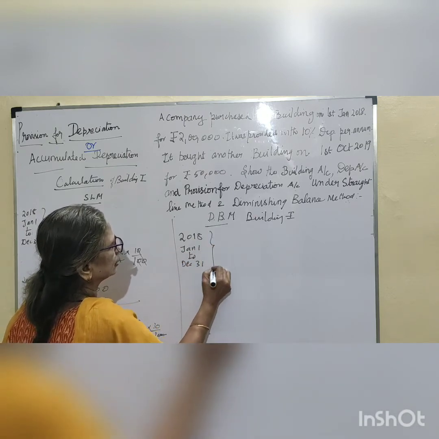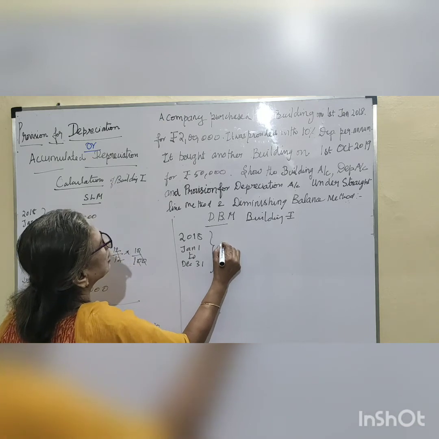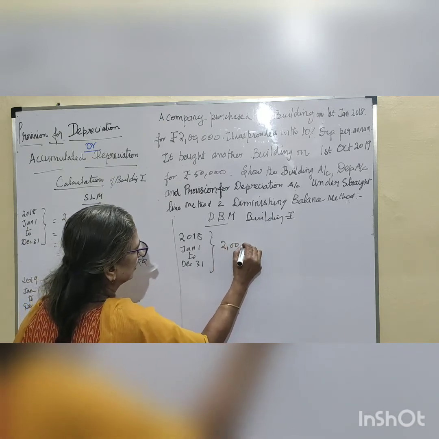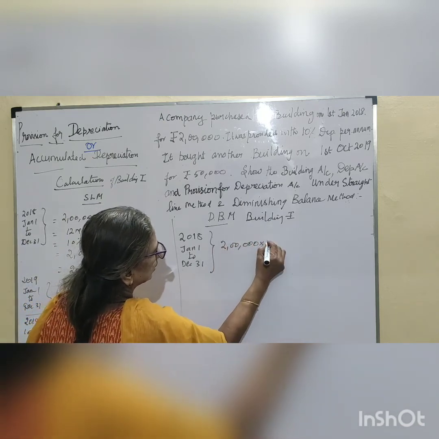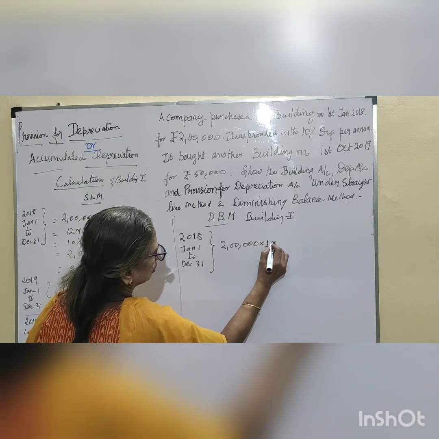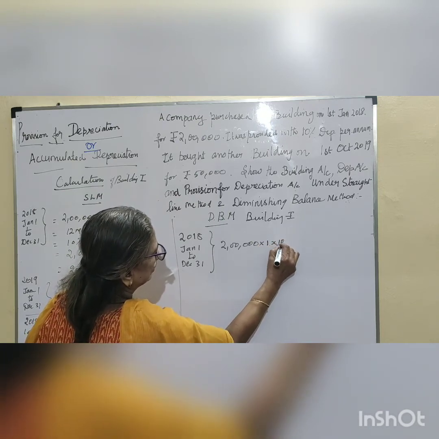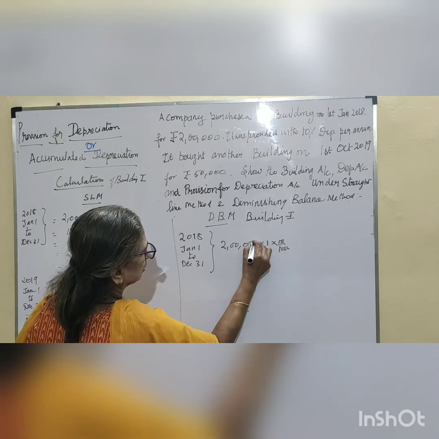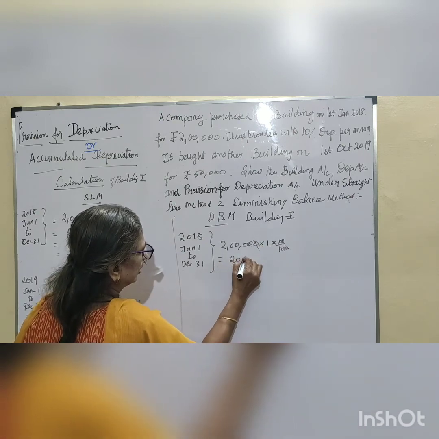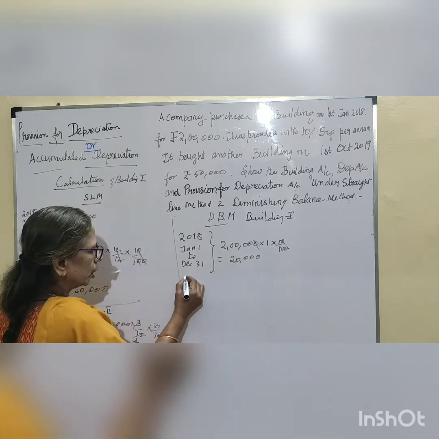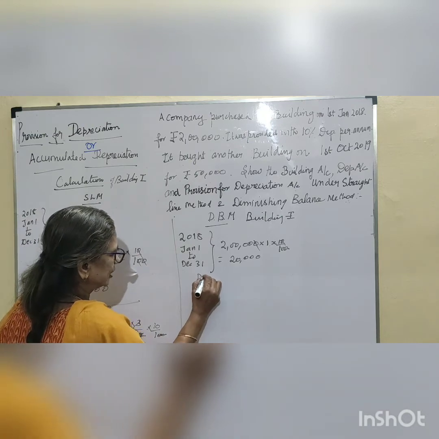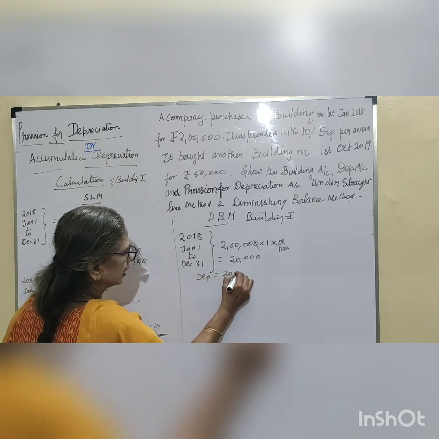We are going to calculate the depreciation on building 1. That is 2 lakhs, then 1 by 1, and 10%, 20,000. This is the depreciation.